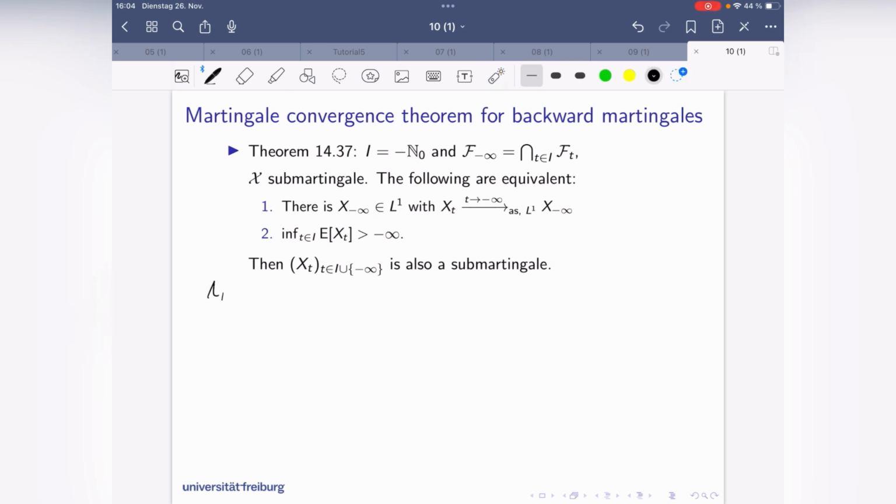Okay, why is that? So first, if I have L1 convergence, I can write the following. The infimum of the expectation of xt.